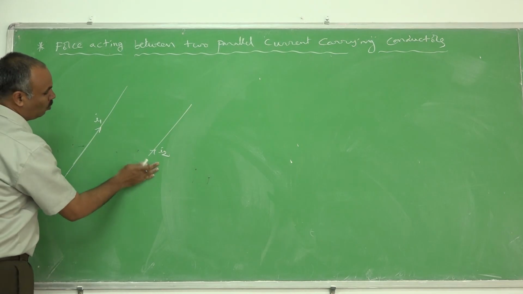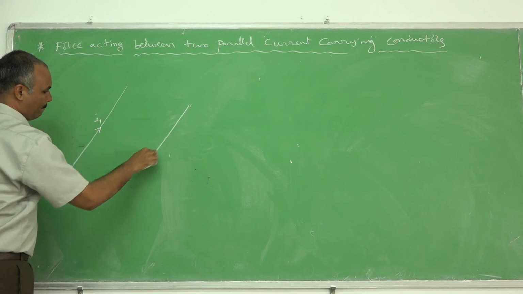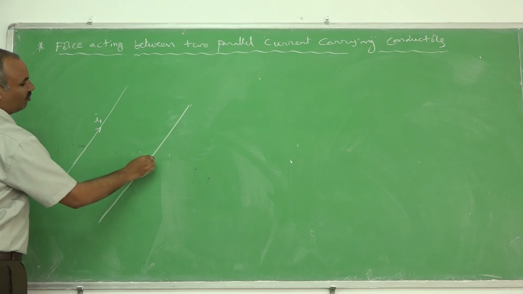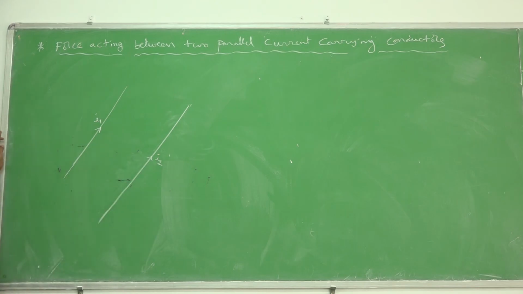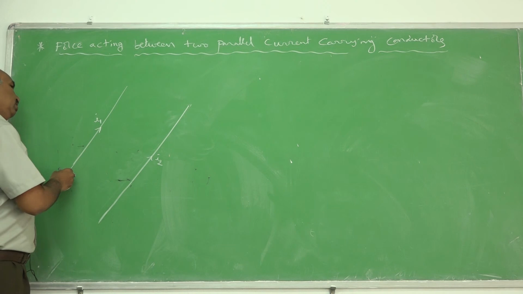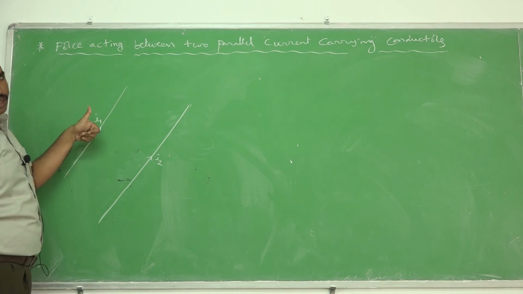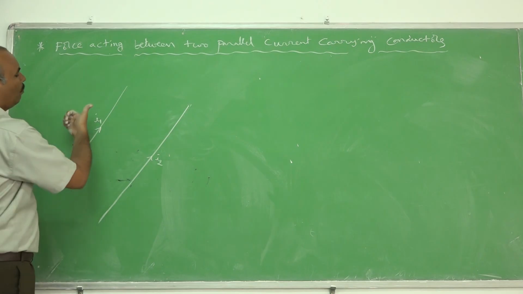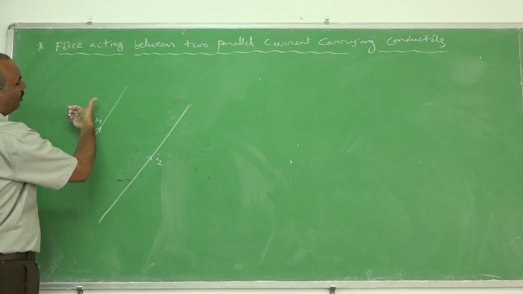Here, the two conductors are parallel to each other. The first one is carrying a current I1, second one is carrying a current I2. If current is going like this, some magnetic field gets generated. According to right hand thumb rule, the magnetic field is out of the paper here and into the paper here.